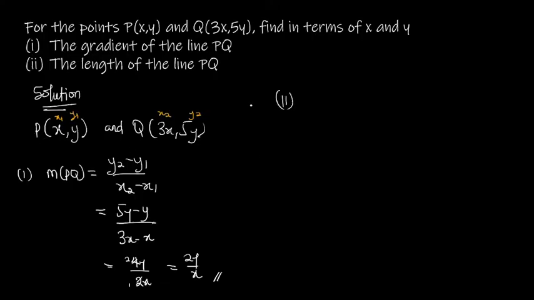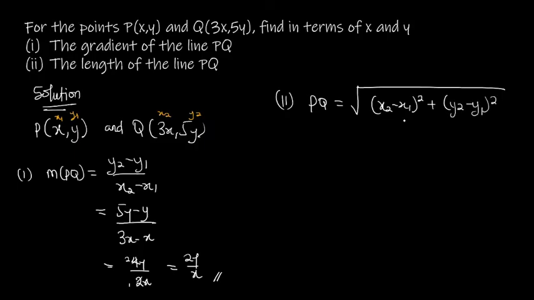So let's look at II, the length PQ. So the length PQ will be equal to the root of x2 minus x1 squared plus y2 minus y1 squared. So this is equal to the root of x2 minus x1, which will be 3x minus x squared, plus my y2 minus y1, which is 5y minus y squared.